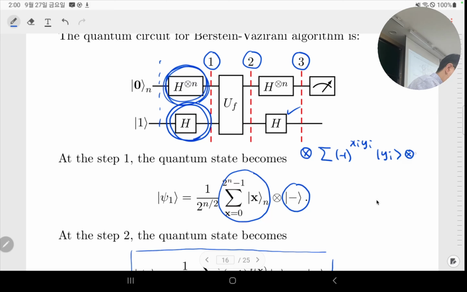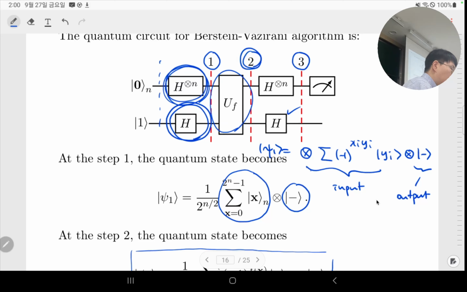So this whole thing is the input, and this is the output. Now we want to apply the oracle on here. So this is my psi 1. Let's try to get psi 2 after we applied Hadamard.